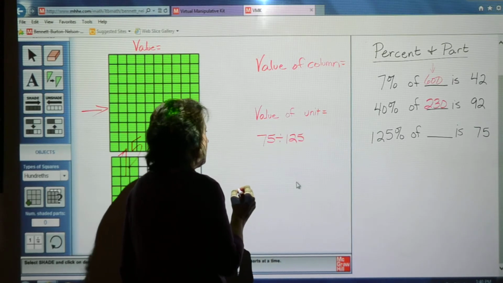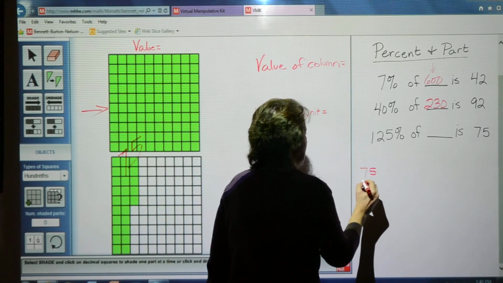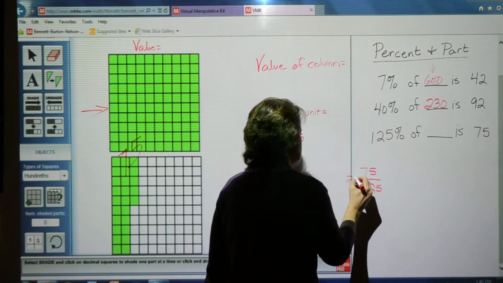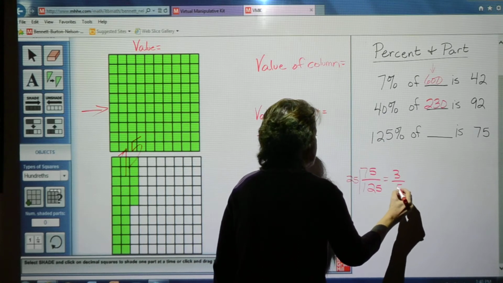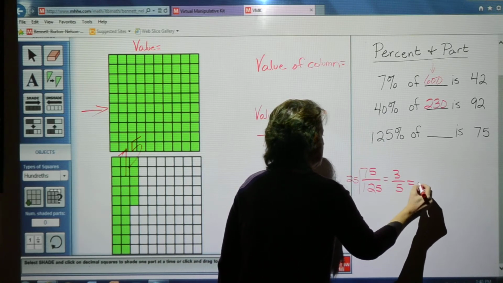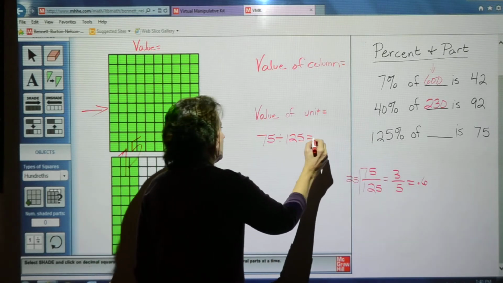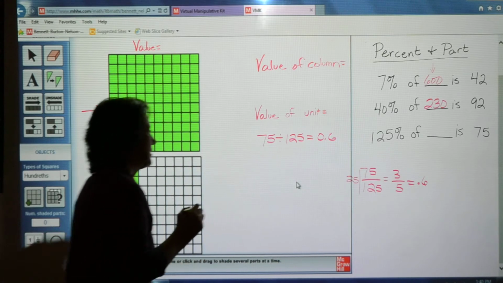And you can take your calculator and do that. I'm going to cheat and make it into a fraction, which I can easily reduce by 25 and get 3/5, which I know is equal to 0.6. So therefore, if you do that on your calculator, I promise you you'll get the same answer, 0.6.